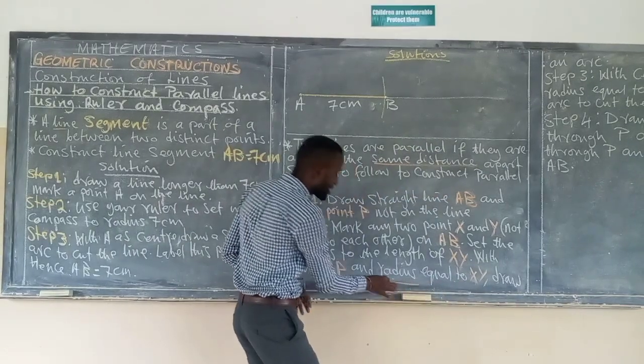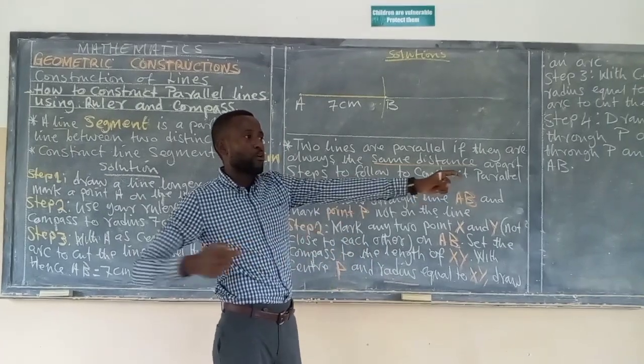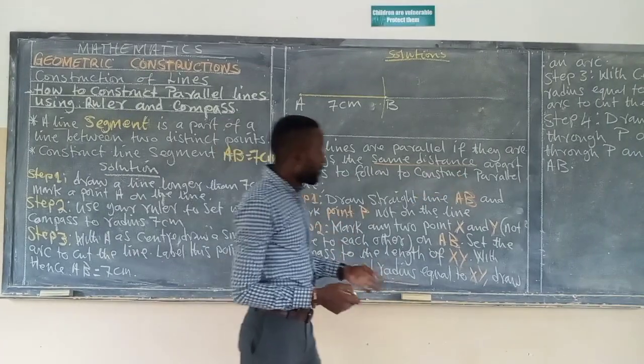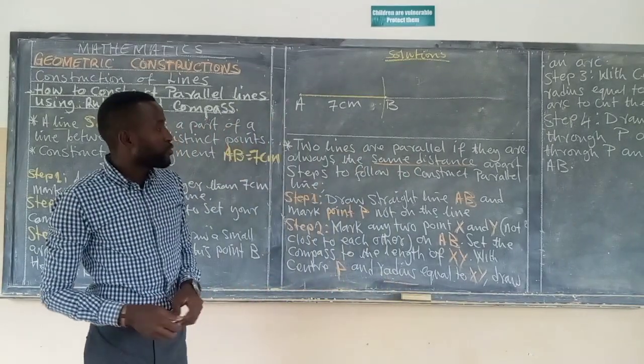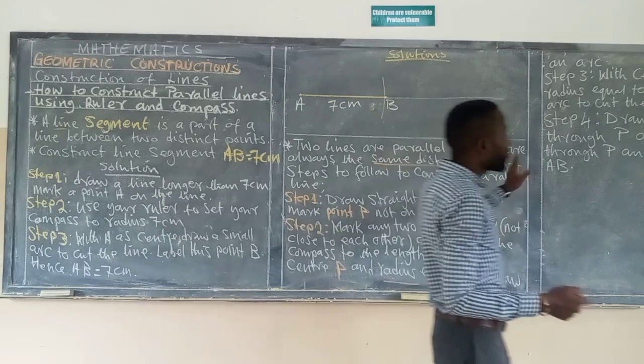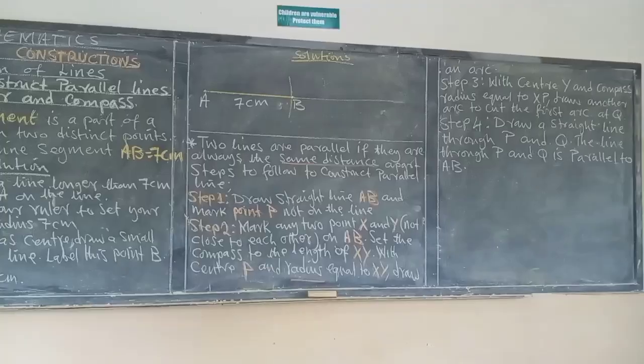Keep in mind radius is simply the halfway distance, not the whole distance. Then draw an arc. So let us see how we can now draw the parallel lines.